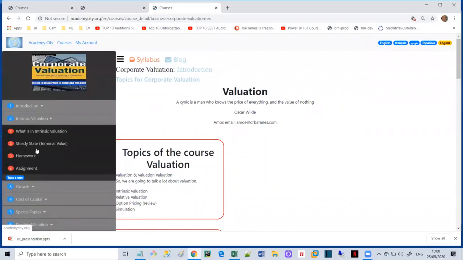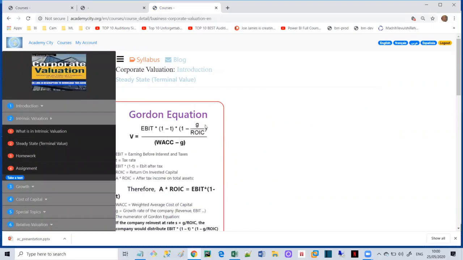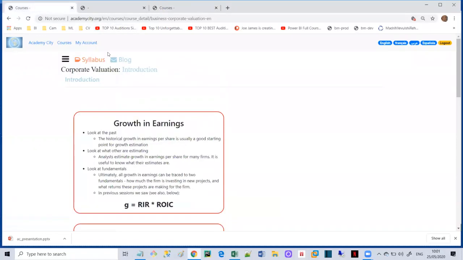Last time when we looked at the golden equation, we had G over ROIC. This is really the reinvestment rate. It's the percentage of the net after-tax EBIT that I have to invest in order for the company to grow at the rate of G. That's a reminder from last time.